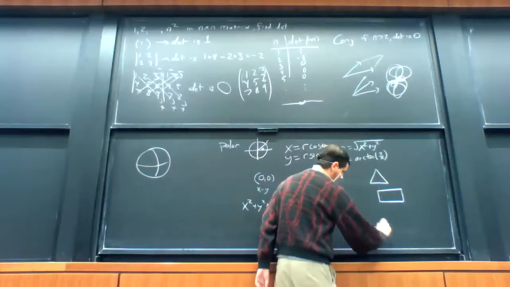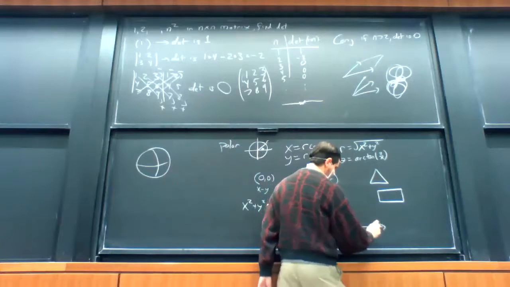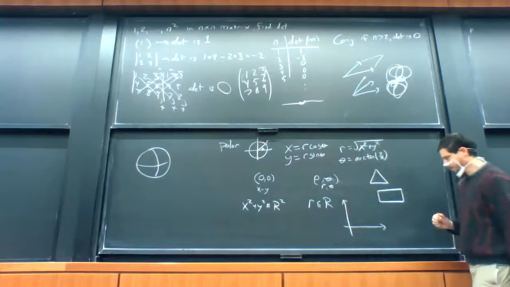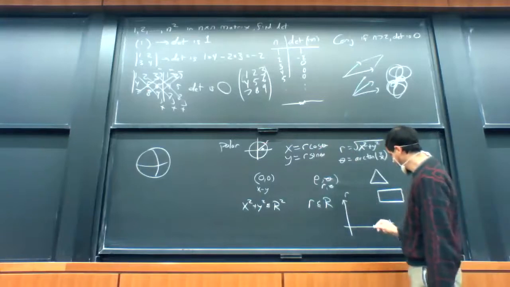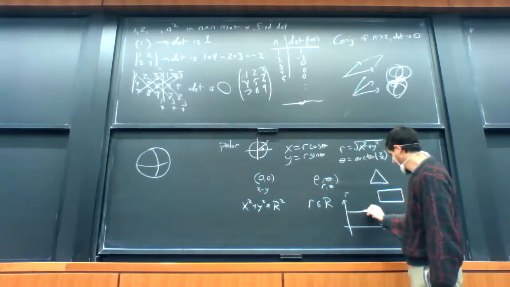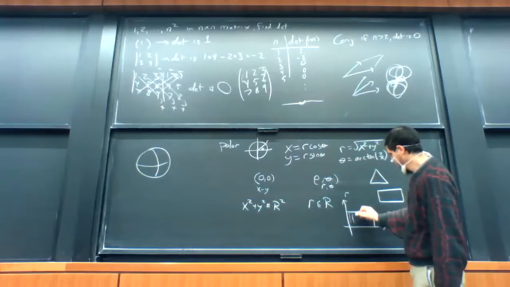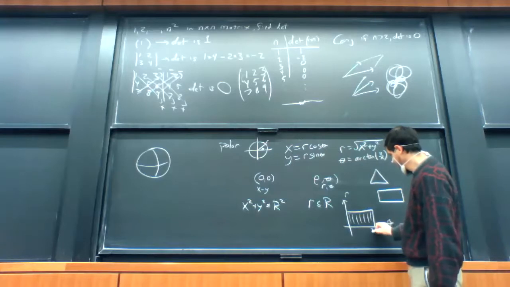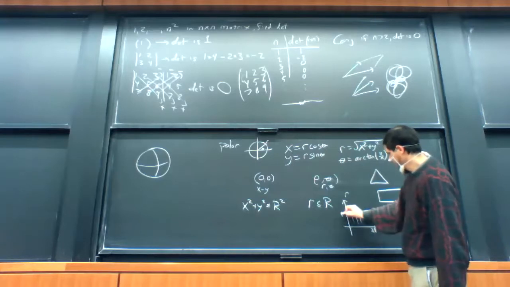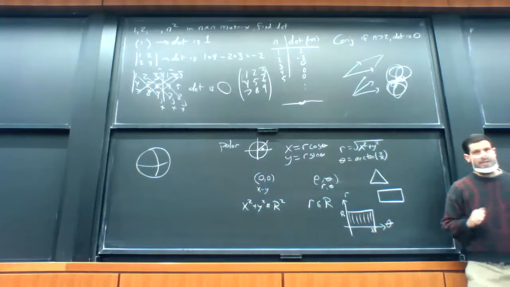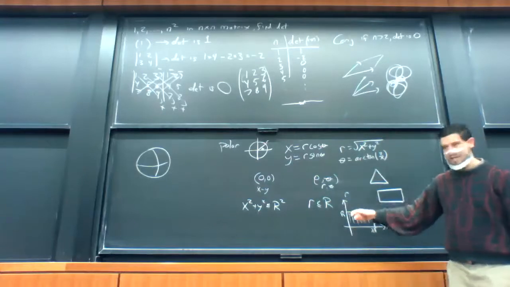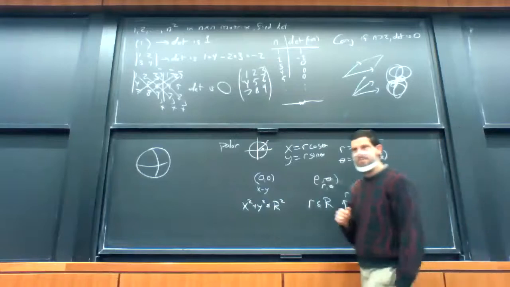Well, if we plot it, and I put, say, theta down here and r over here, that's what my circle looks like. It looks like a rectangle of height capital R and length 2 pi.